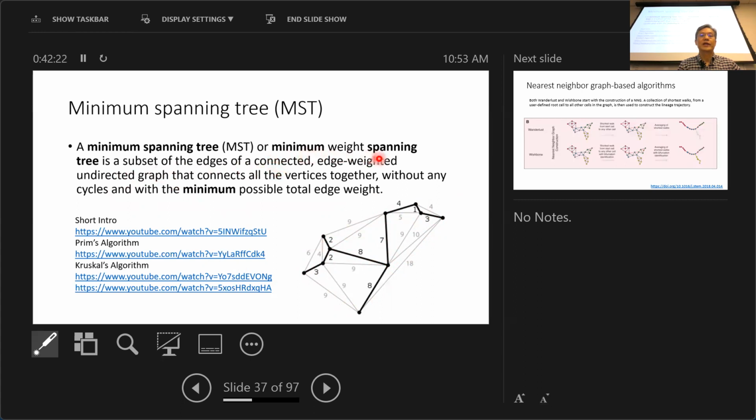A minimum weight spanning tree is a subset of edges of a connected and weighted undirected graph that connects all the vertices together.